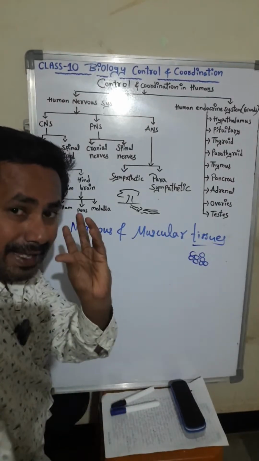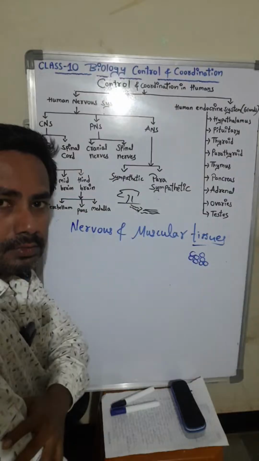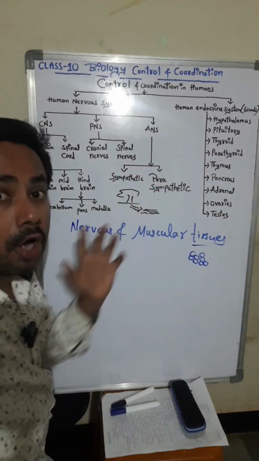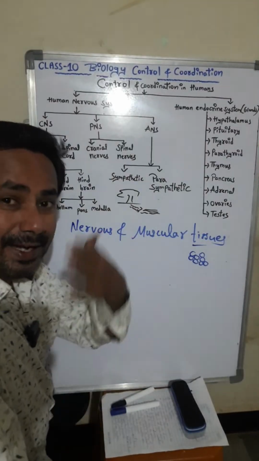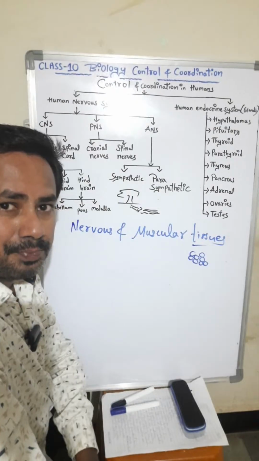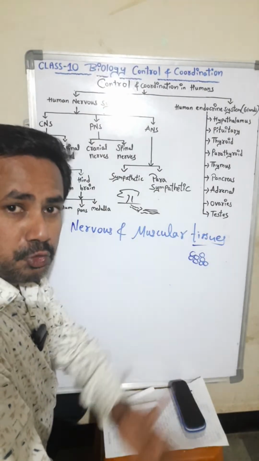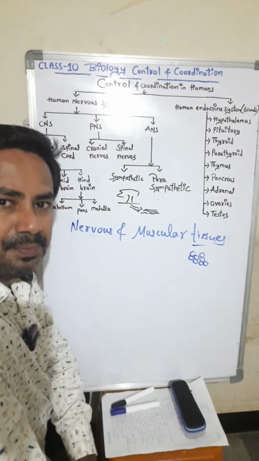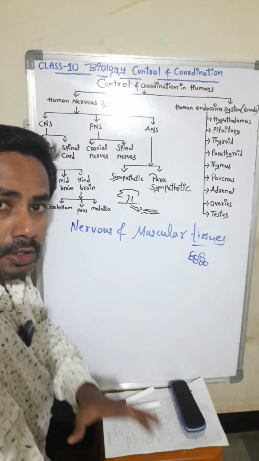Organ. Eye is an organ. Heart is an organ. Group of organs together, organ system. Respiratory system, digestive system, excretory system, reproductive system, lymphatic system, skeletal system, muscular system, group of organs.